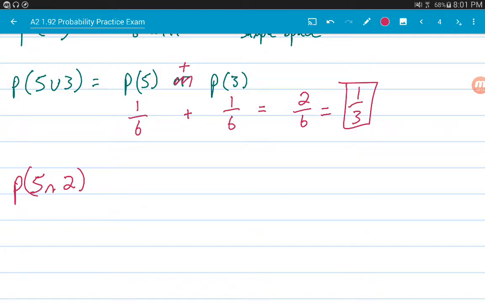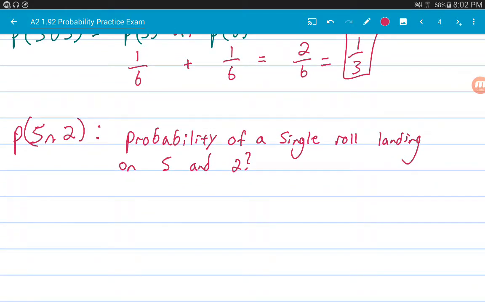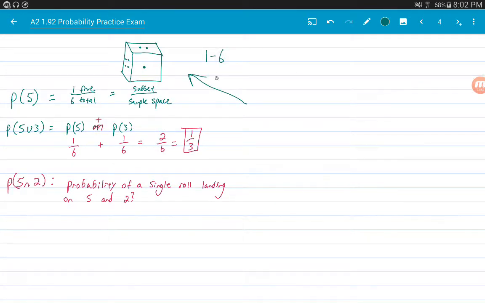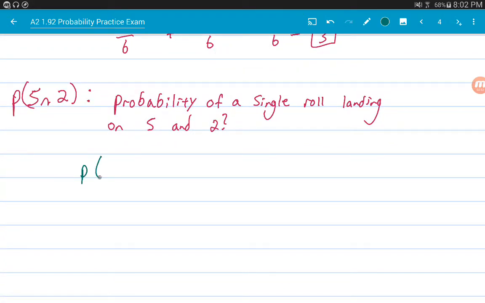What this is saying is, what is the probability of a single roll landing on 5 and 2? Well, that's impossible. There's no way for one die, right, this guy right here, to land with both a 5 and a 2 both facing up. So that probability is going to be 0.